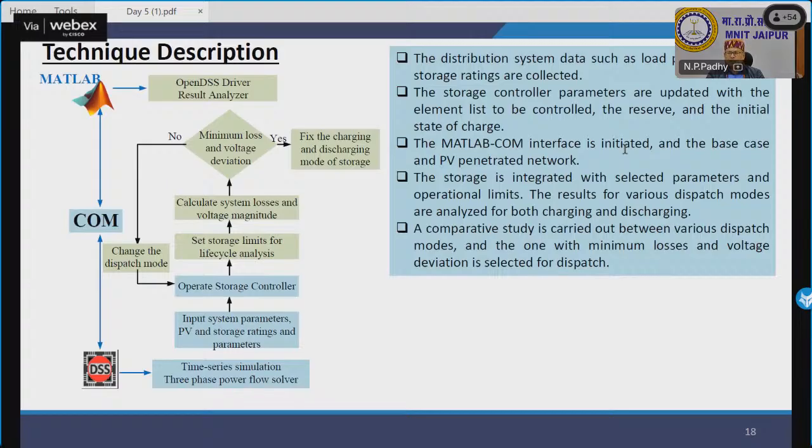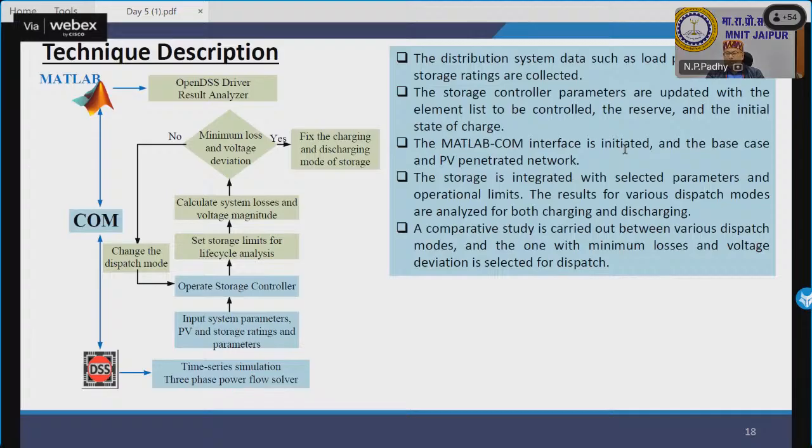So what we are seeing is that DSS and MATLAB are combined. The OpenDSS driver result analyzer calculates the minimum loss and voltage deviation, and fixes the charging and discharging mode of storage, calculates system losses and voltage magnitude, sets the storage limit, does life cycle analysis, changes the dispatch mode, and operates the storage controller.